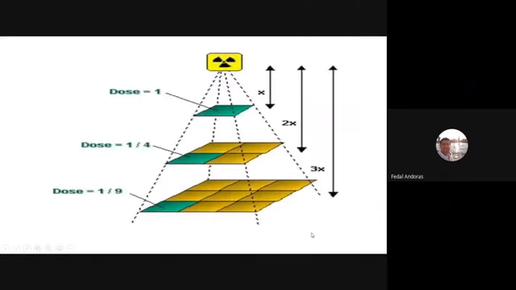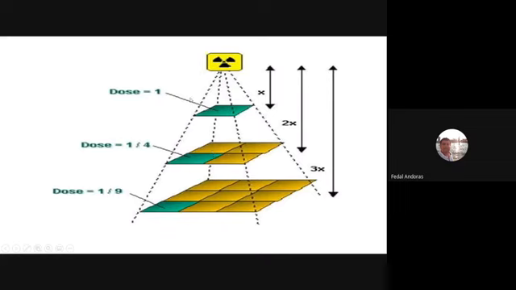Just to show you an image. This is the X-ray source. This is the face distance. The intensity will occupy the whole area. Just going double, look, it will go to 1/4. Going another distance, it will go to another quarter relating to this one.